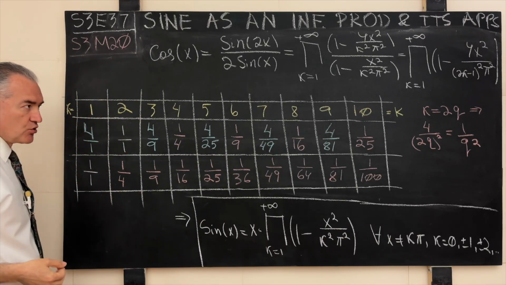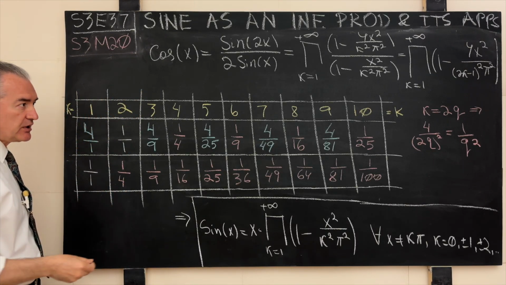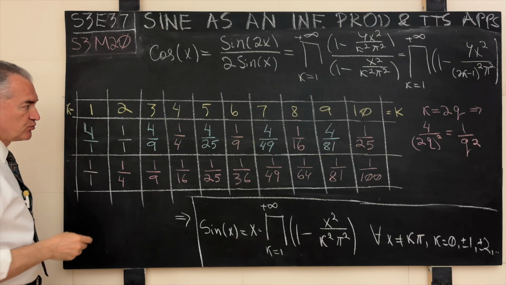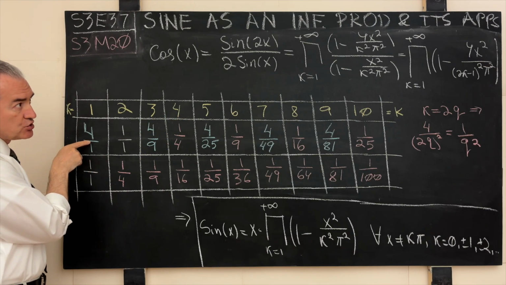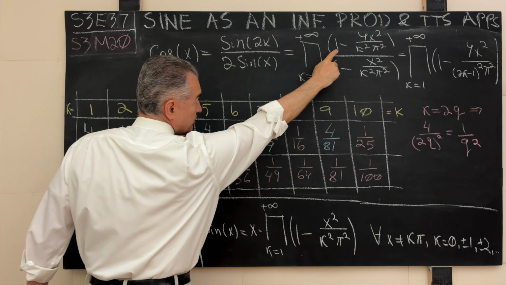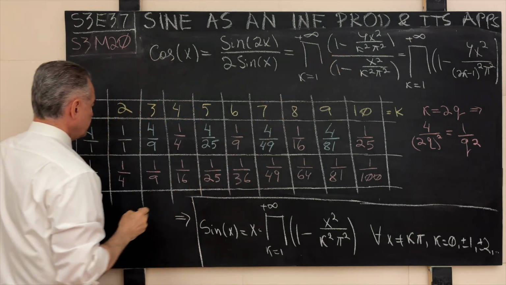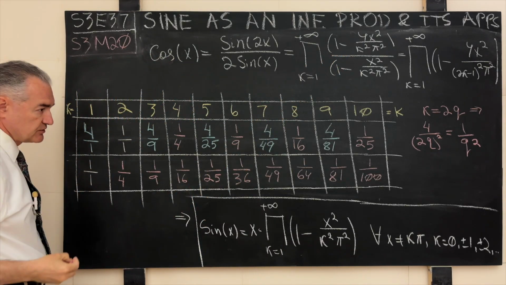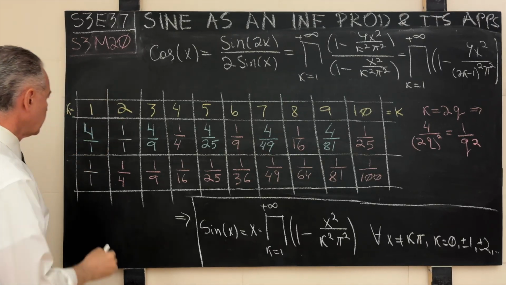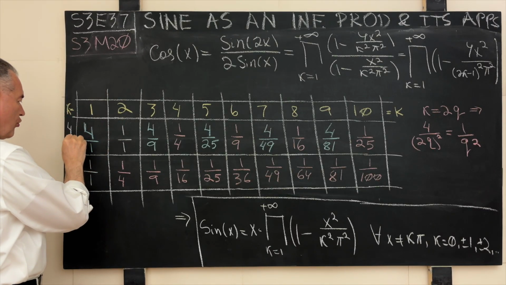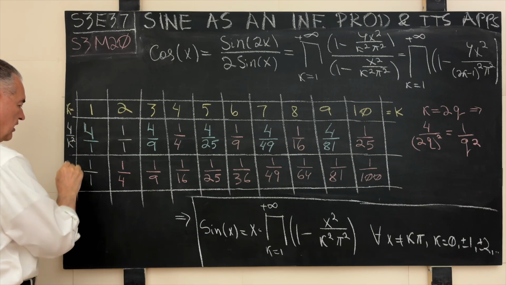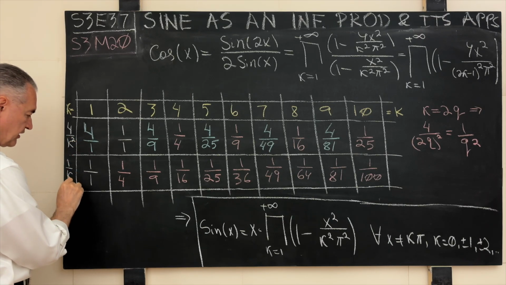Compile the table that I showed for you by yourself, experiment away, write down more terms, and this is what you will see in the top row. We show the numbers 4 over k squared. Let's say I'll write it down like this: 4 over k squared, and this is 1 over k squared.